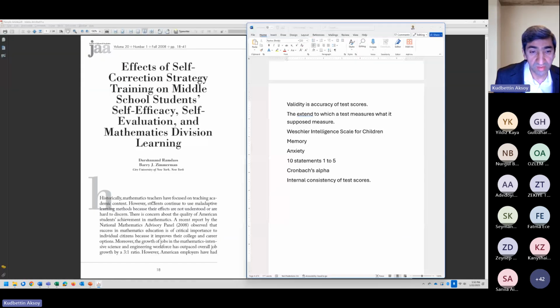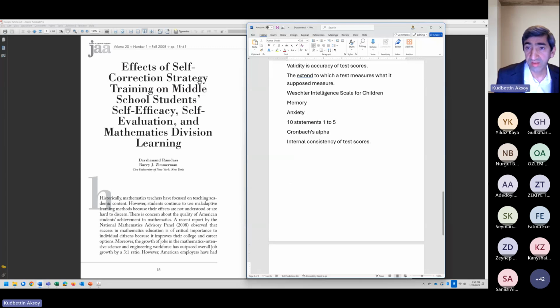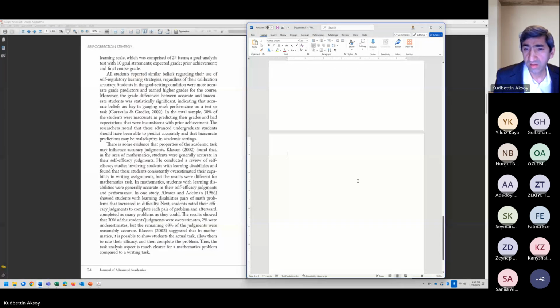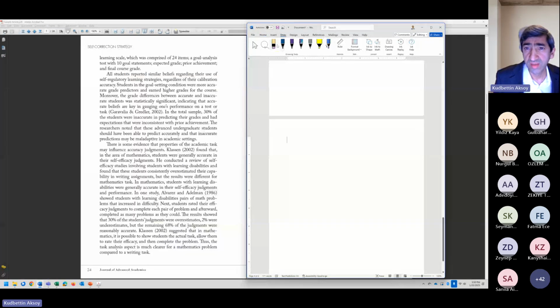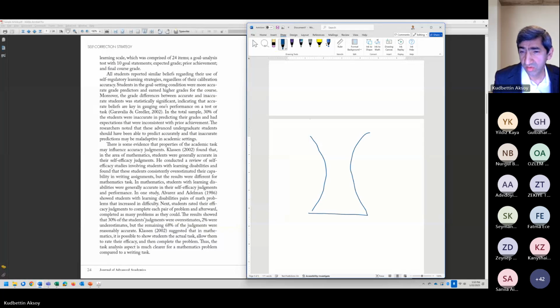You start with very generic stuff, and then you narrow it down. This is where your research question comes. And then when you talk about discussion and implications, you try to generalize this.